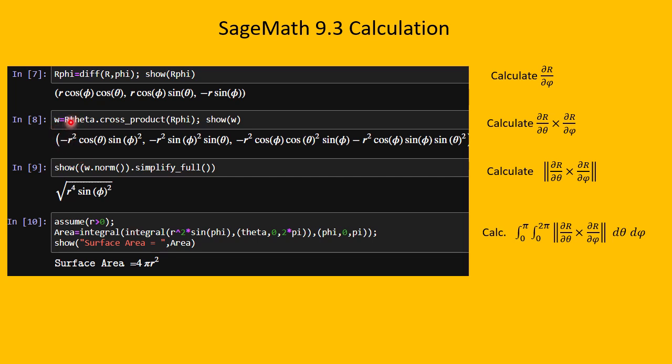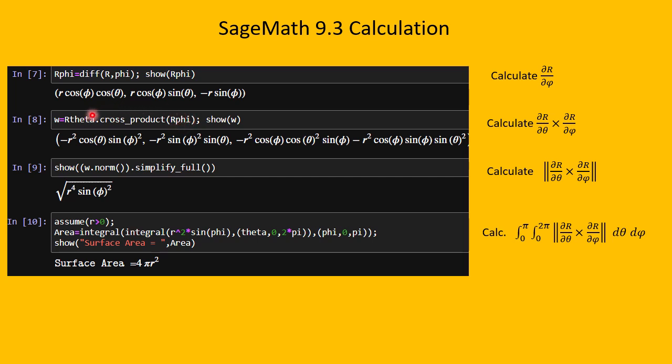And if we look at this, this looks kind of strange. We have r theta dot cross product with r sub phi. So what this does is it takes the cross product of r theta, which is right here, and r phi, which is right here.